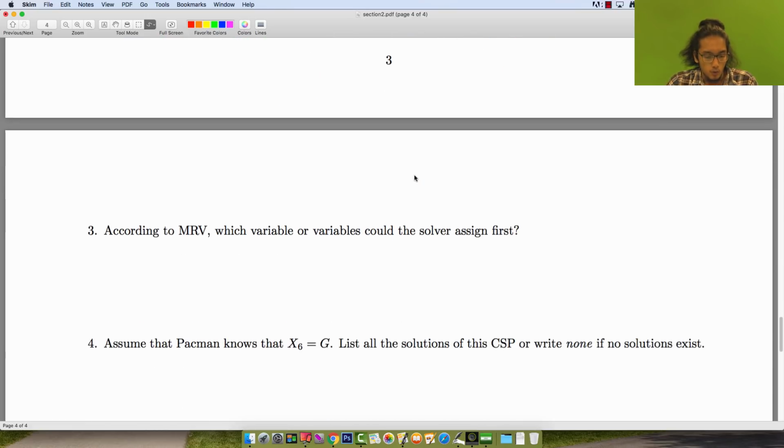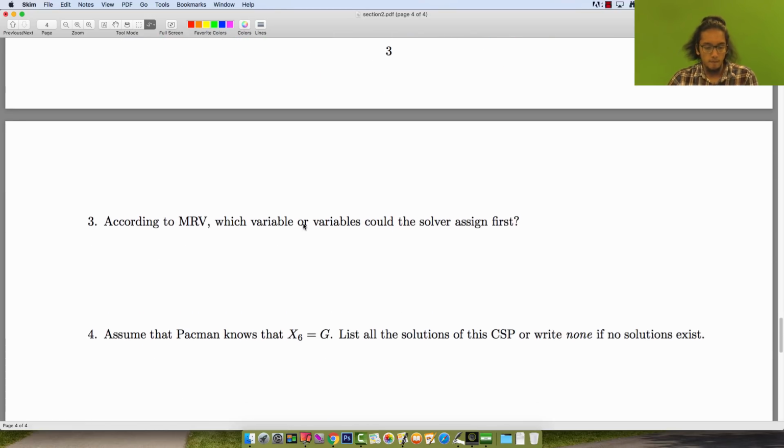Okay, now let's move on to part 3. So part 3 asks us, according to MRV, and recall that MRV refers to the minimum remaining values heuristic, right?